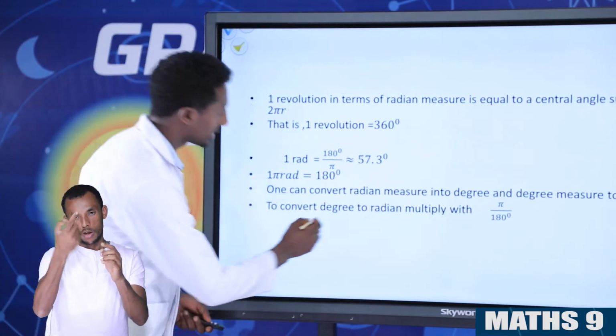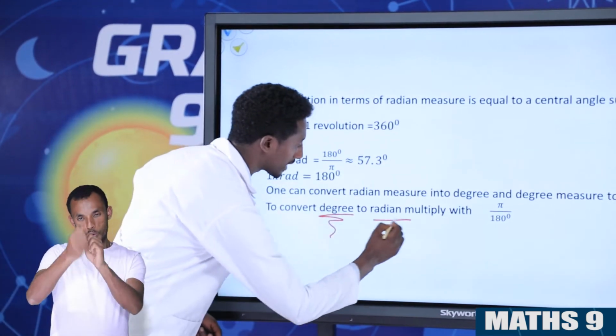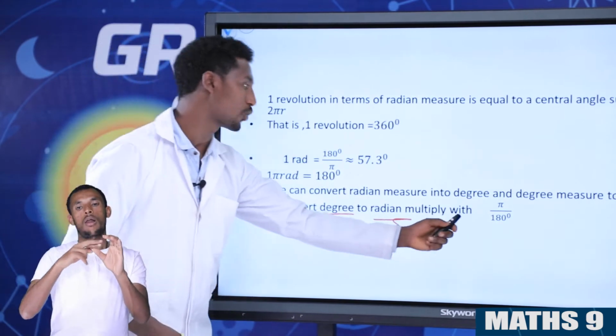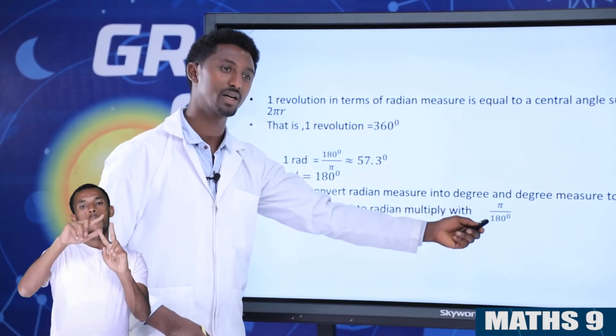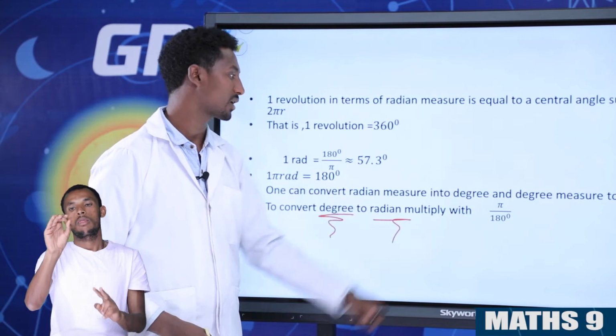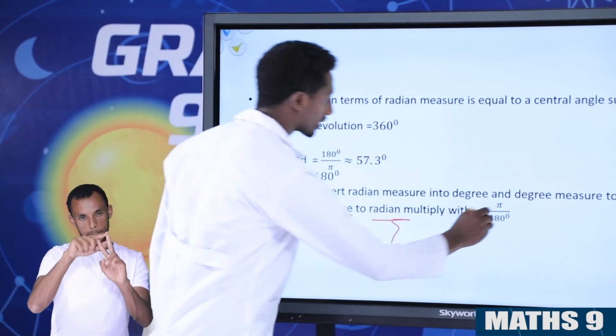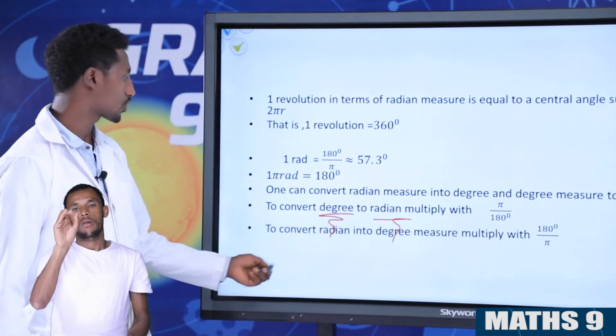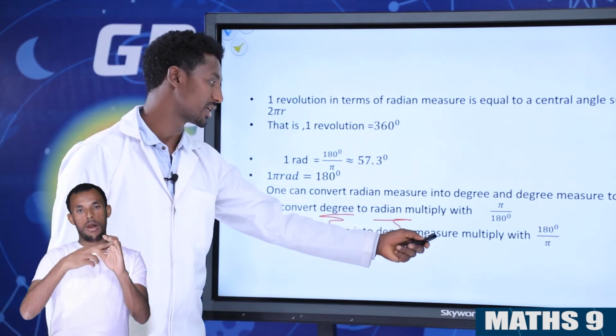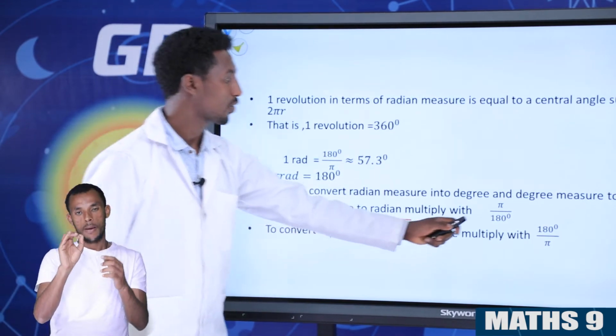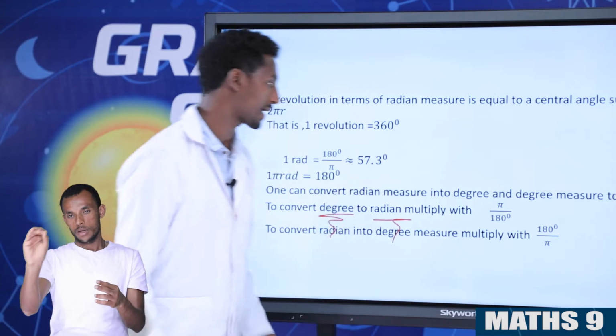To convert degree measure to radian measure, multiply with pi over 180 degrees rad. And to convert radian into degree measure, multiply with 180 degrees over pi.